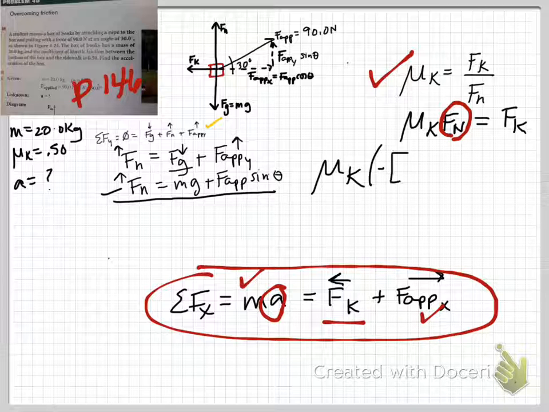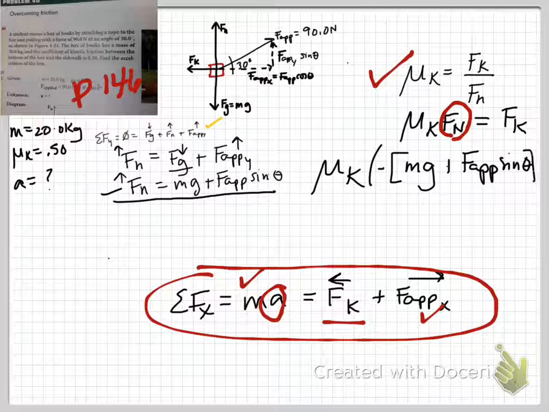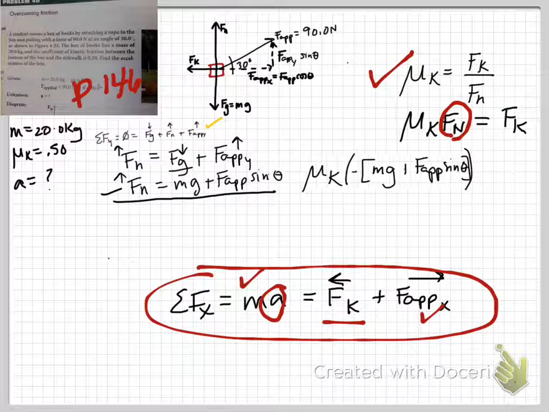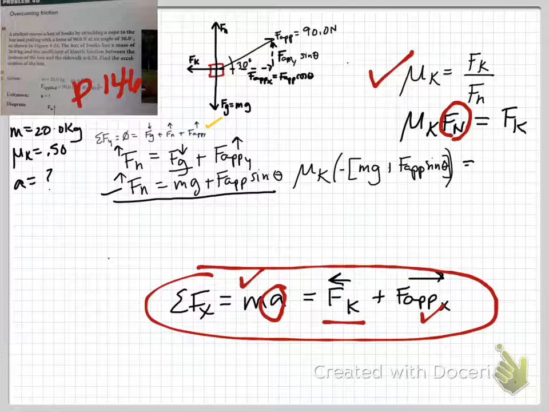Times the negative of mg plus f applied sine theta equals fk. Now, here's another trip through the pitfall jungle.